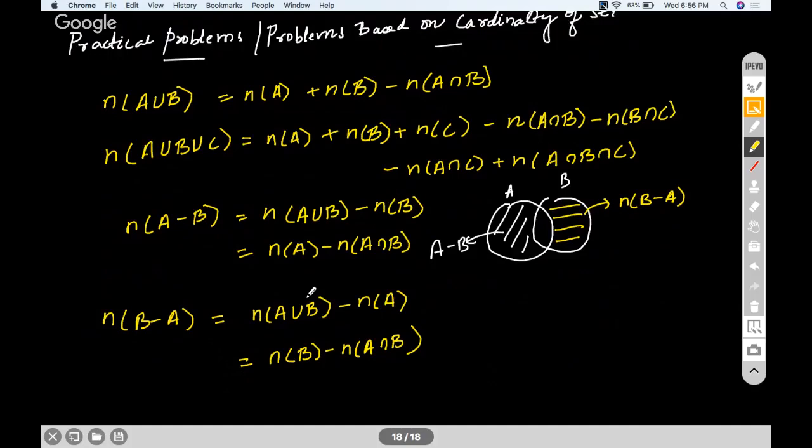Now, basically, all these theorems you can directly prove from Venn diagrams. So when you say n(A union B) is equal to n(A) plus n(B) minus n(A intersection B), you can prove this by Venn diagrams.